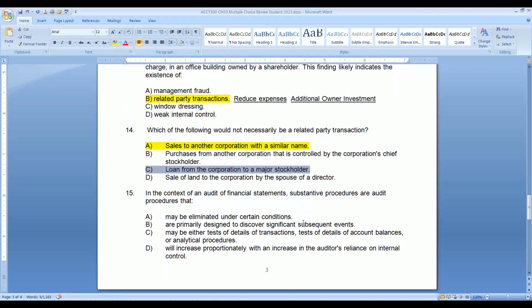For instance, they buy a car and they get financing through a bank, and the bank is a client or something like that. If it's part of normal business, that's not necessarily a related party transaction. But you would have to look into it to see if that was all at arm's length and all that. But the best one here is going to be this one, because this has no relation to them.